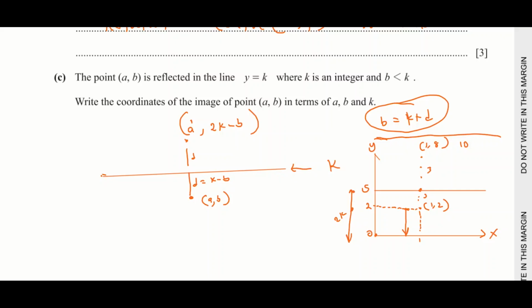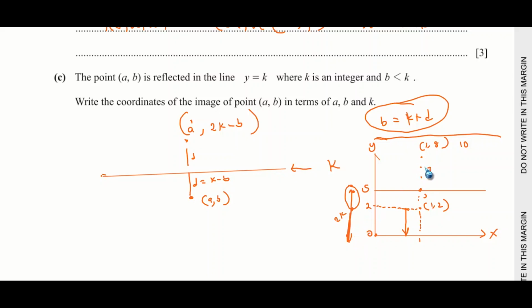So we have to do 2k minus this one, and this one is b. So this will be 2k minus b.